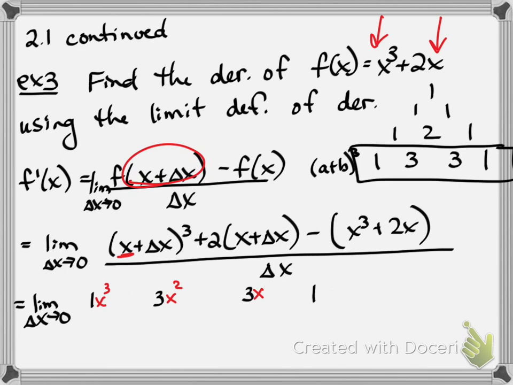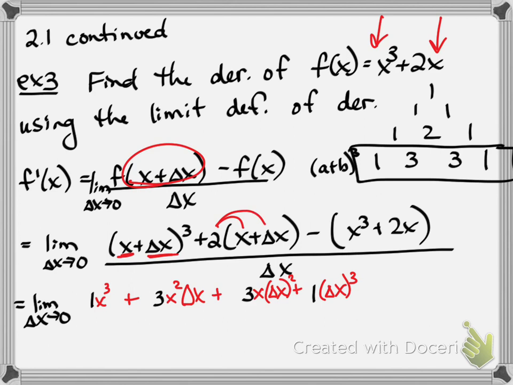And then b starts at 0, which I don't want to write, and grows. So let me take that x to the 0 off. So delta x squared, delta x cubed, and we will join those with pluses.